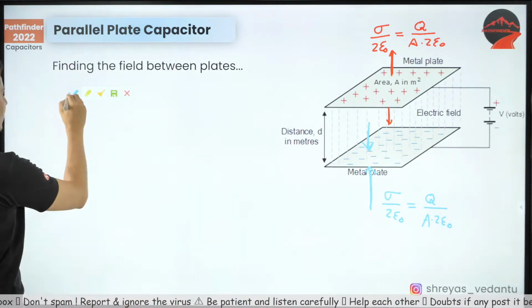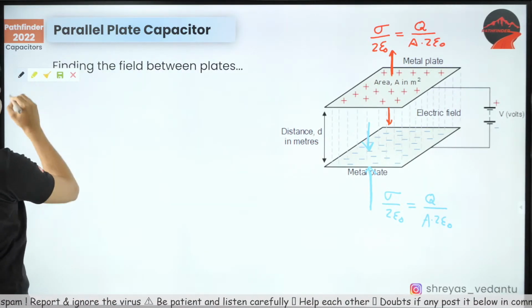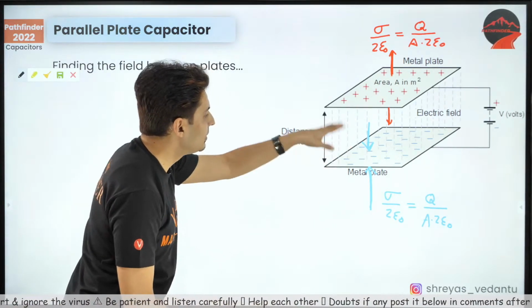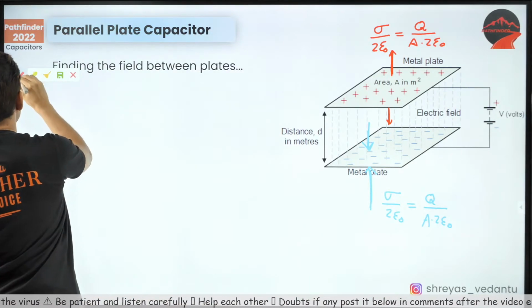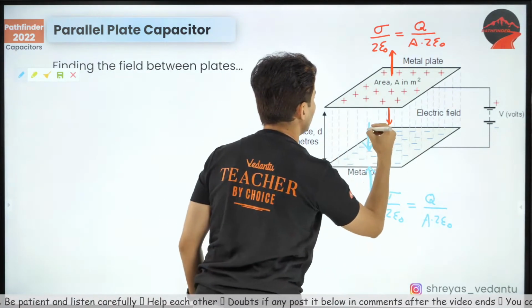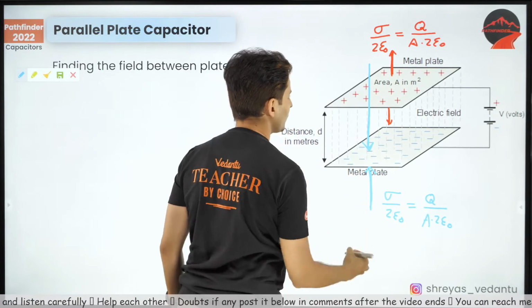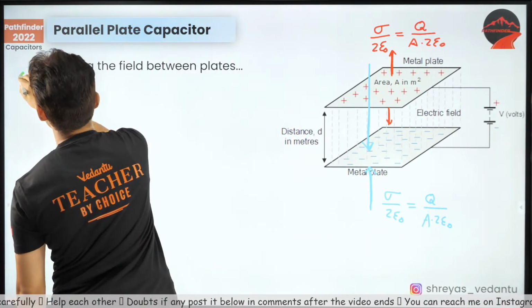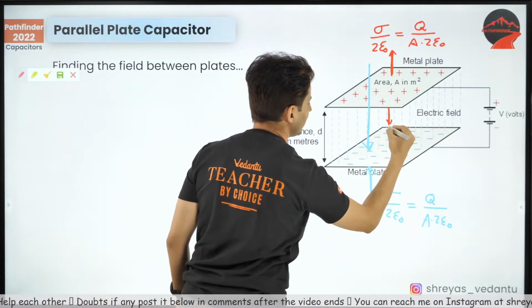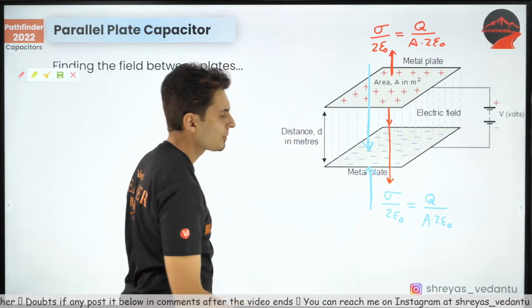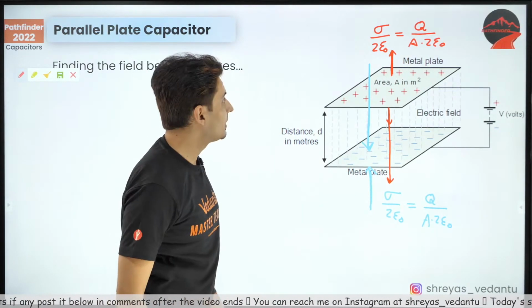Now, I want you to think about this. Understand, these blue lines will continue even here. It's not like it's going to end. It's going to continue here too. And even this red line will continue even over here. Let's just observe this carefully.